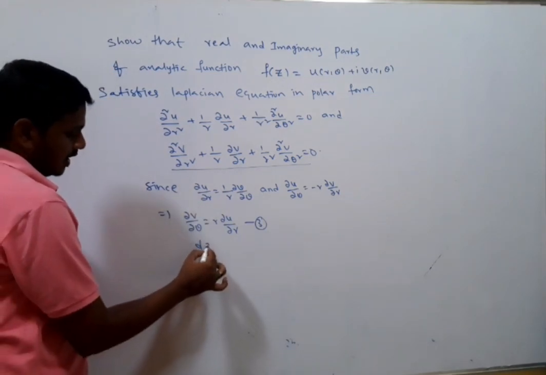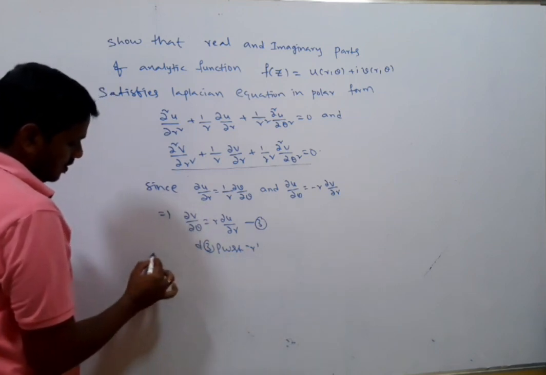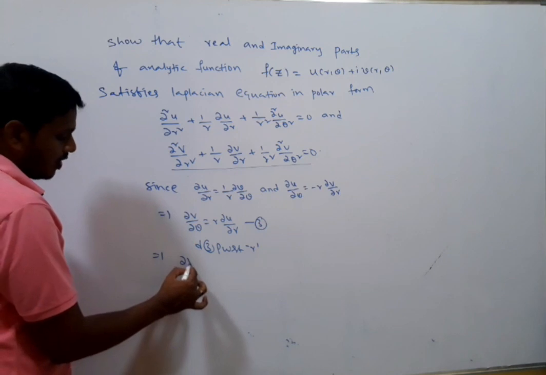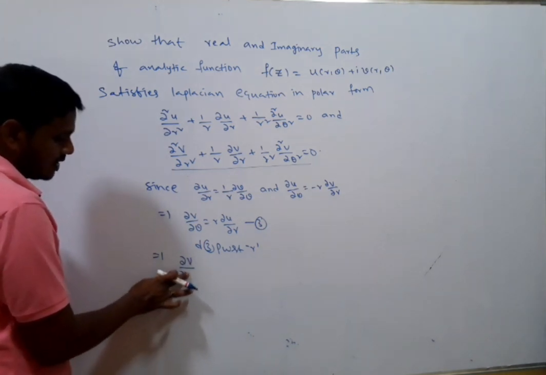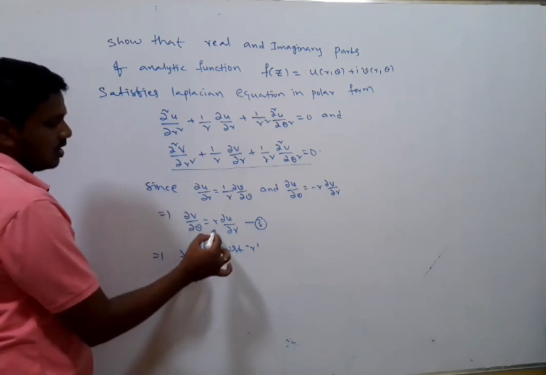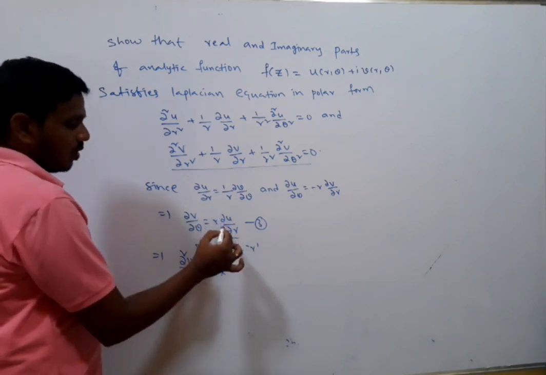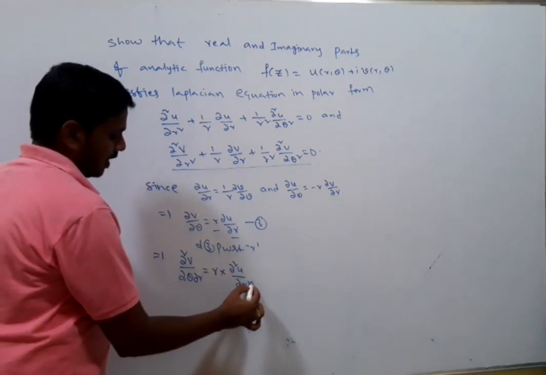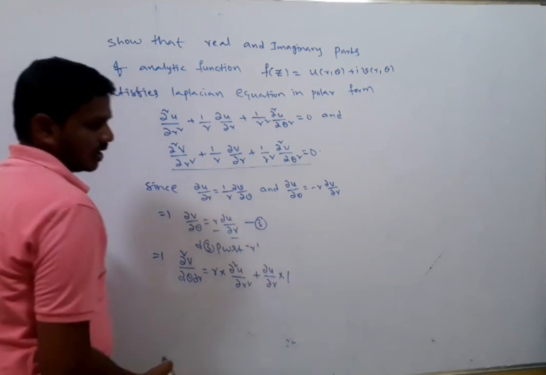Now differentiating 3 partially with respect to r. So ∂/∂r of ∂v/∂θ, it is ∂²v/∂r∂θ, that is ∂²v/∂θ∂r, is equal to r into ∂/∂r of ∂u/∂r, that is ∂²u/∂r², plus ∂u/∂r into the derivative of r with respect to r, which is 1.